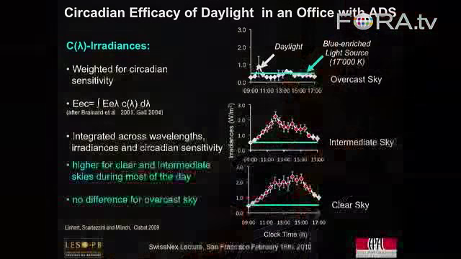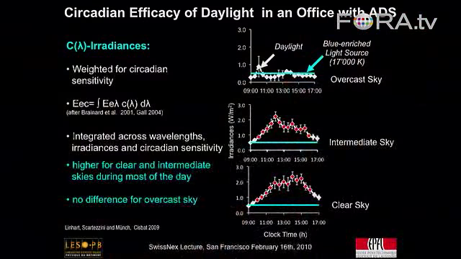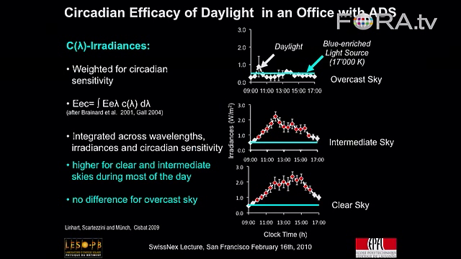We weighted this factor, integrated wavelength and irradiances, and we found that for clear and intermediate sky there was a higher irradiance during most of the day, and there was no difference to the blue enriched light source, which is shown as this blue line, for an overcast sky.